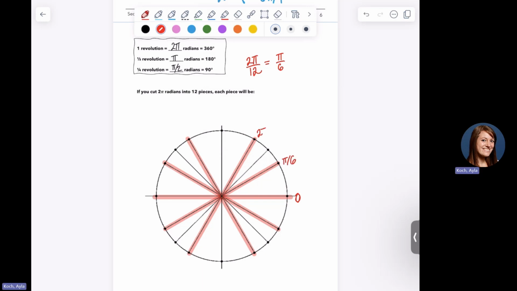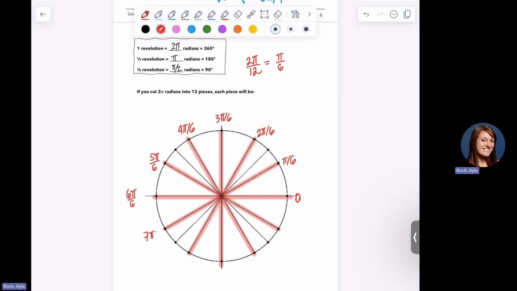This is 2 pi over 6. Oops, and I forgot this guy here. 3 pi over 6. 4 pi over 6. 5 pi over 6. 6 pi over 6.